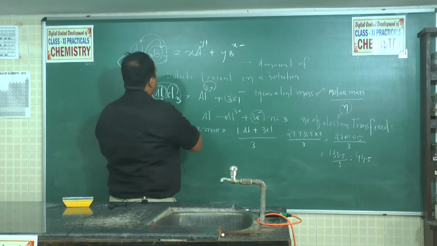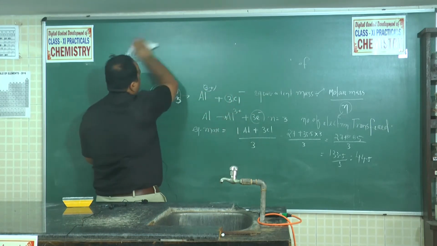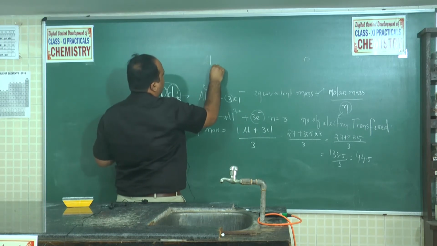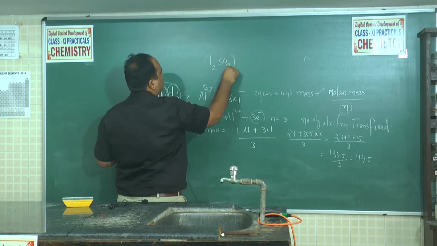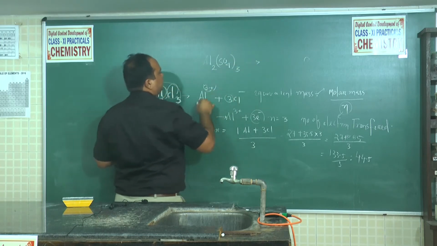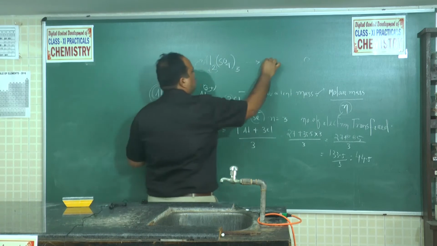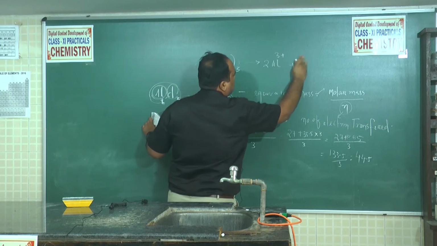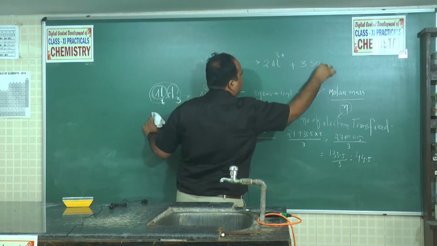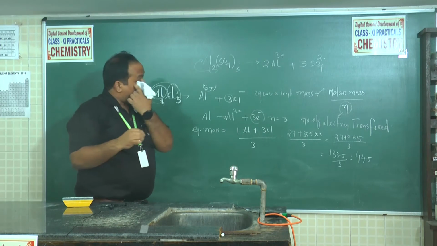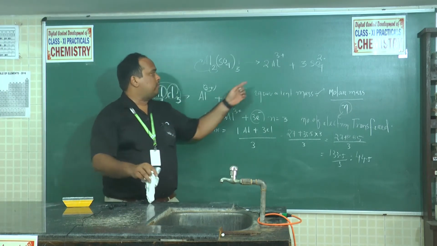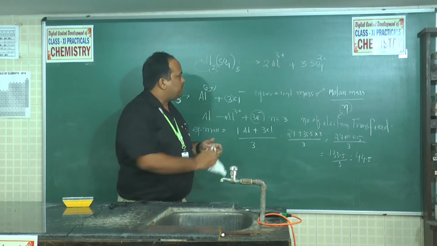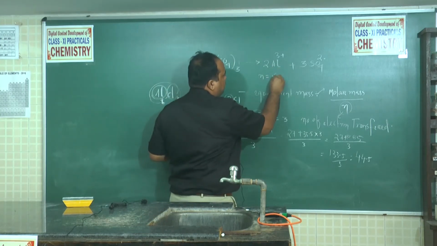Another example I am giving: aluminium sulfate. How to get this? Break it into 2Al, with charge 3 plus, and 3SO4, with charge 2 minus. What is the number of electrons transferred? We can calculate it from the charge. 1 aluminium has 3 plus, so 2 aluminium gives N equal to 6.